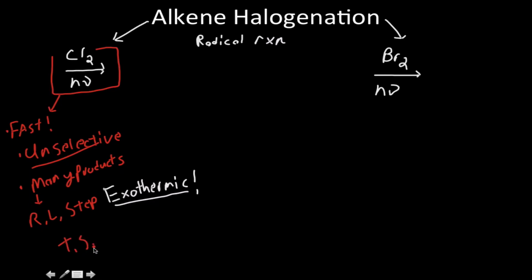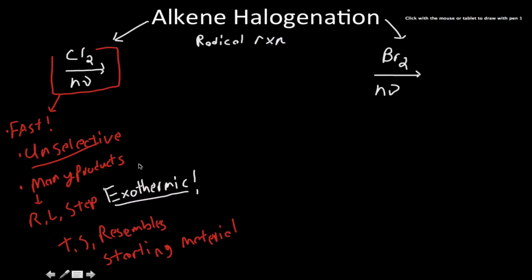And the transition state resembles the starting material. Whenever I use the word exothermic, just to remind us, that means that delta H is negative, and I'll go ahead and draw a little reaction there. That means that the reactants were in a higher energy state than the products.